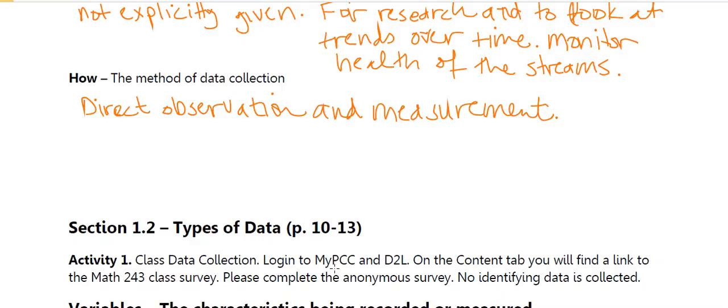Log into our course, and on the Content tab you'll find a link to the Math 243 class survey. Please do that if you haven't already. It is anonymous and no identifying data is collected. This is data that we'll be using throughout the term, and it's also going to help us right now look at different variables and the types of data. Okay, go ahead and pause the video if you need to do that, and then come back.